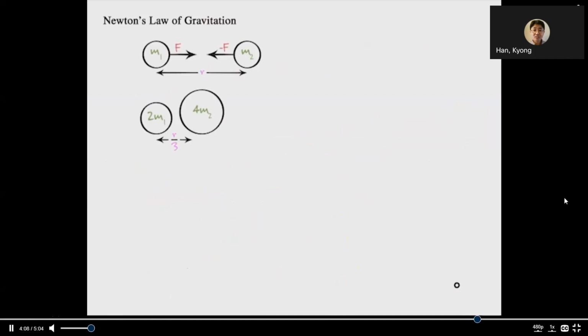Let's try one more. Compare the force of the original situation to one in which M1 increases by 2, M2 increases by 4, and R decreases by a factor of 3. Because of just the masses, the force will be 8 times greater. Because of just the distance, the force will increase by a factor of 9.